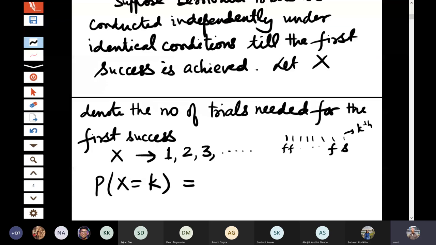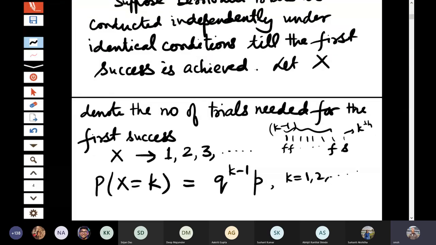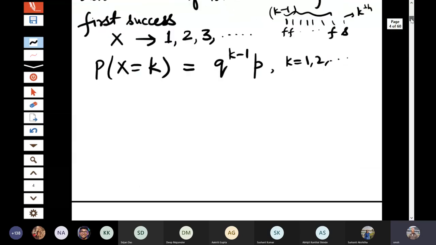So you have k minus 1 failures here. So q to the power k minus 1 into p, because we are assuming the trials are conducted independently, so the probabilities will be simply multiplied, k equal to 1, 2 and so on. So this is the form of the probability distribution. It is called geometric distribution.